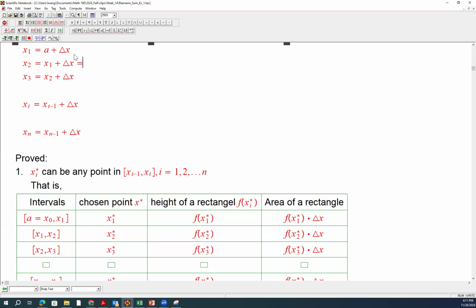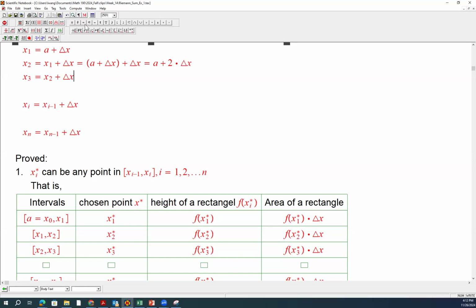If we continue to derive, substituting x1 by a plus delta x, and we add another delta x, you see, this is x sub 1. So that's how we got a plus 2 times delta x.